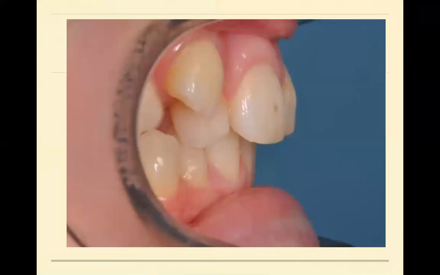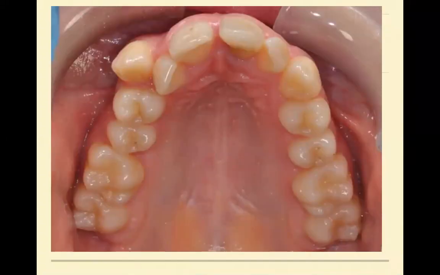This is another case to show you where we can sometimes procline the lower incisors as well. Just as an example, this patient has a 5 millimeter overjet, so we have to reduce this overjet by 3 millimeter. Why? If you do space analysis in her upper arch, I did that for you, space available minus space required is 6 millimeter.